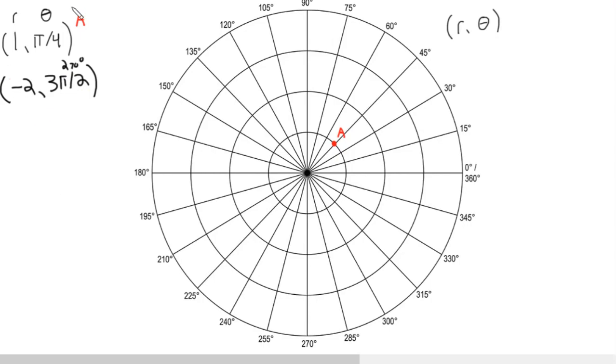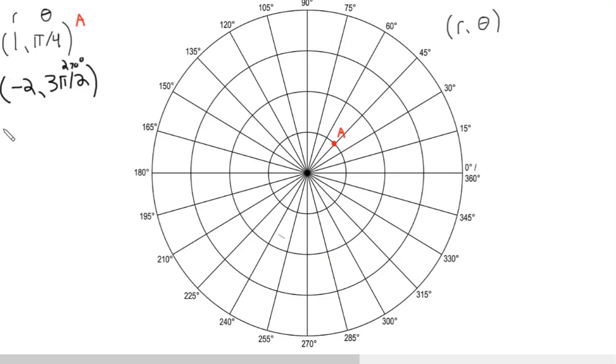So I'm going to tell my ant, hey, target at 270 degrees, targeting here. How far out do you need to go? Well, I'm not going to go too far out, because there's a negative out front. So when there's a negative, I'm going to tell this little ant to not go forward, but he's going to go backwards too. So he's targeting here, but he's not going to go here. He's going to go backwards.